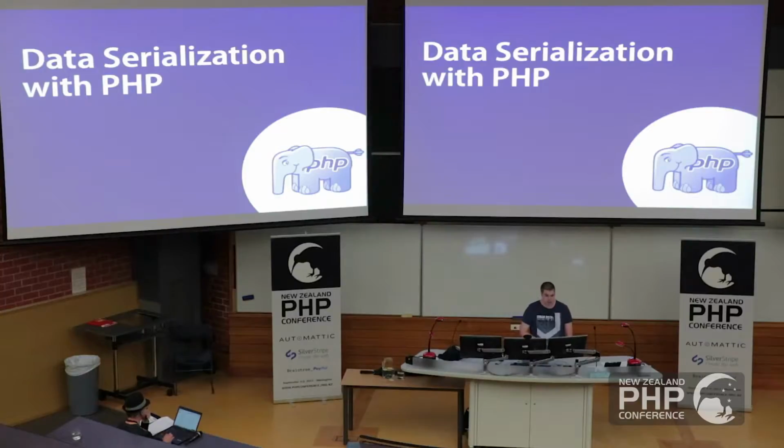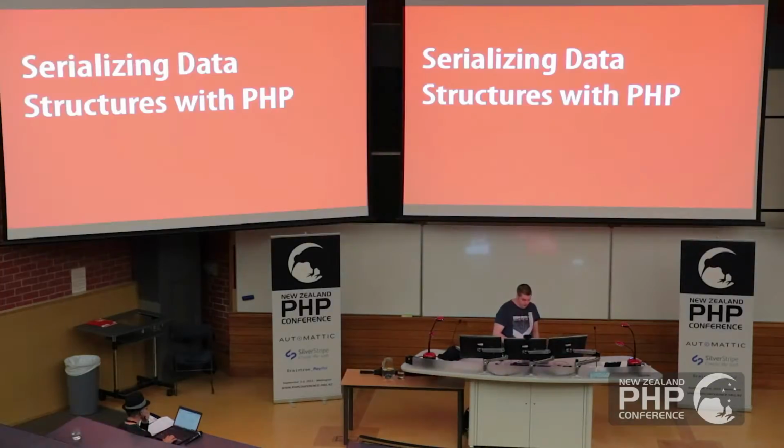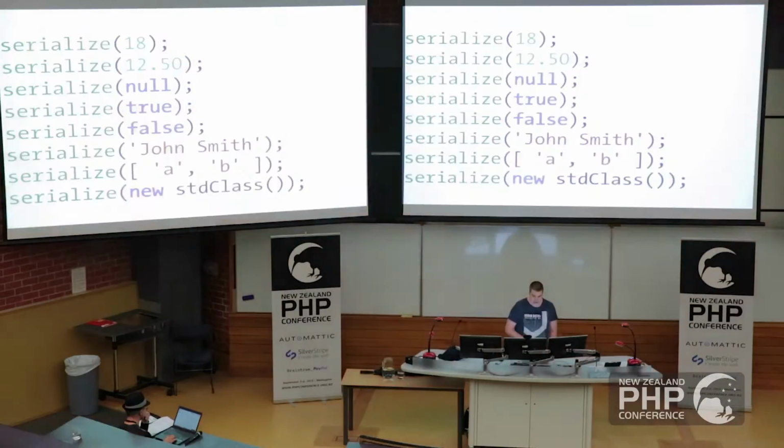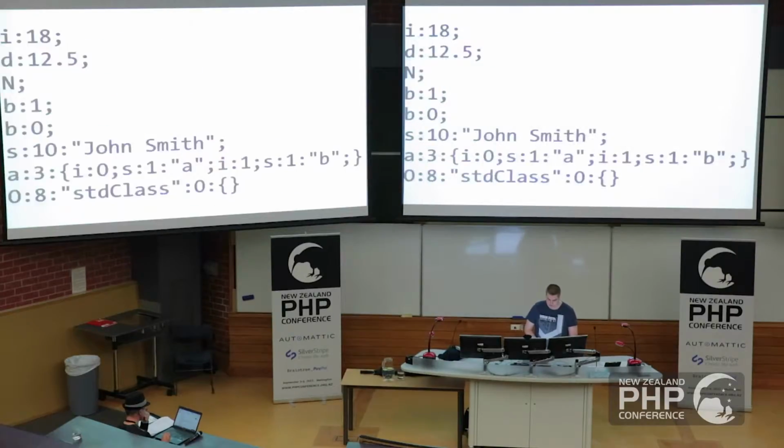If you want to serialize or deserialize data with PHP, you can use the built-in function called serialize. You give it any type of data, like a number, a string, an object or an array, and the function will automatically serialize your data structure into a PHP-specific format.